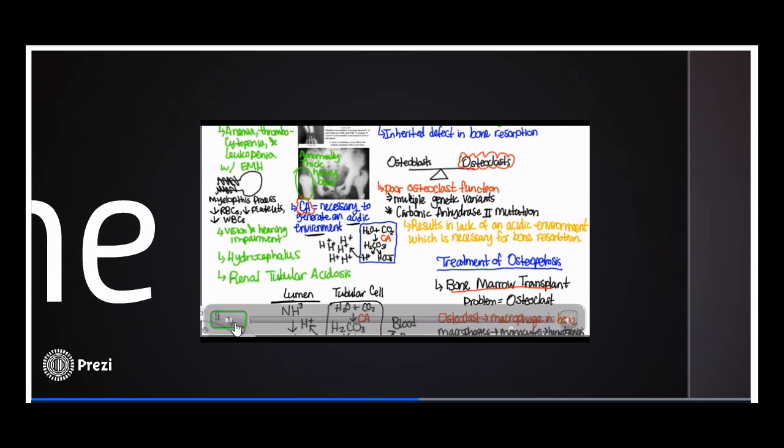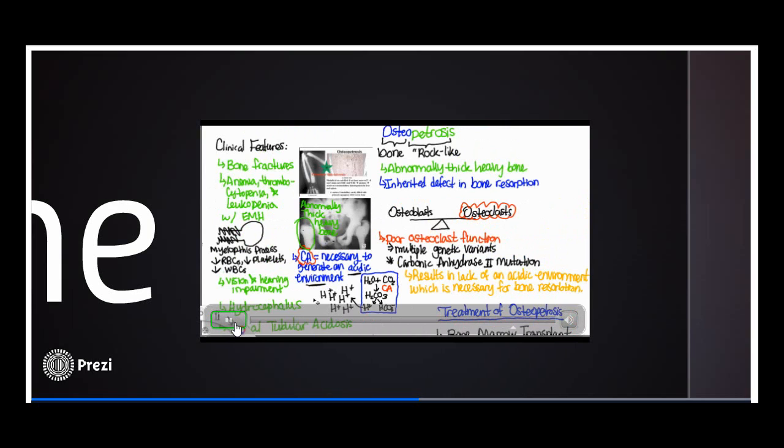In summary, osteopetrosis is an inherited defect of bone resorption that results in abnormally thick, heavy bone that fractures easily. Now, this is due to poor osteoclast function. This may be due to multiple genetic variants, one of which is the carbonic anhydrase 2 mutation that leads to loss of the acidic environment that is required for bone resorption.